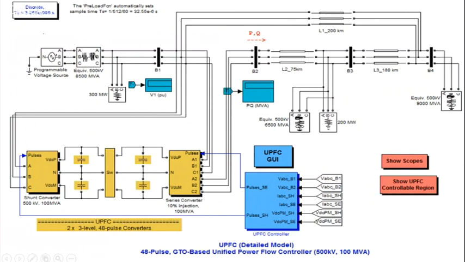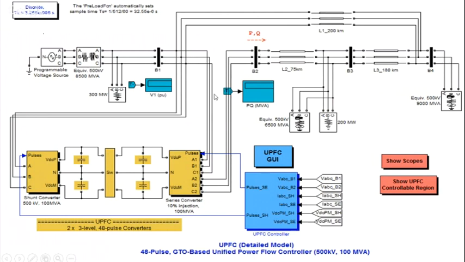So this is what I'll show you, then we will go to MATLAB. This is again the programmable voltage source. This is equivalent to the transmission line. Load is connected. Now see here, this line is connected. These two constitute the UPFC, out of which this is the series converter and this is the shunt converter. The series converter is connected like this, in series. Can you see this?